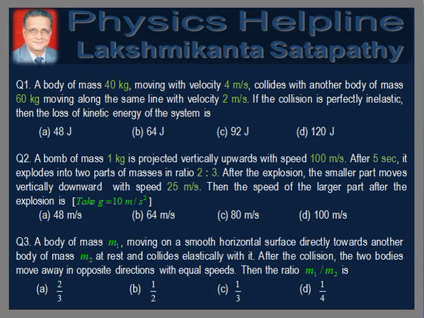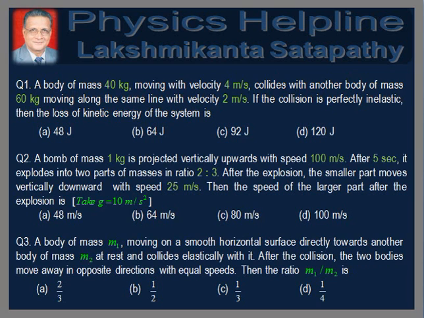Question 2. A bomb of mass 1 kg is projected vertically upwards with speed 100 meters per second. After 5 seconds, it explodes into 2 parts of masses in ratio 2:3. After the explosion, the smaller part moves vertically downwards with speed 25 meters per second.